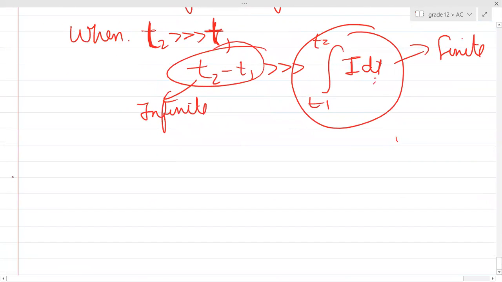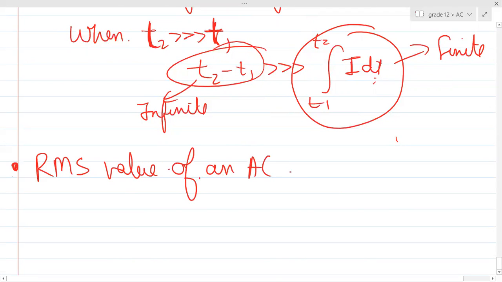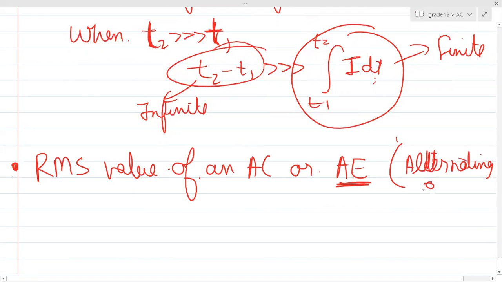Now, please write a new heading: RMS value of an AC or AE. What is AE? Alternating EMF. Okay, alternating current or alternating EMF.